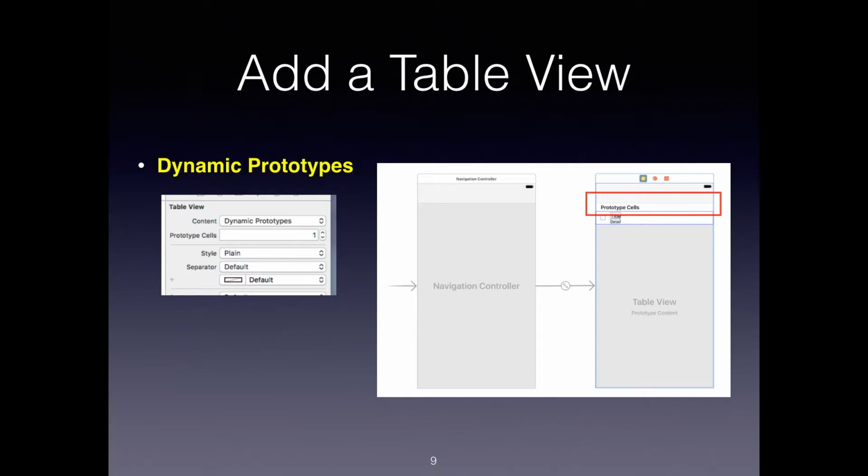Okay, so that's the first thing we need to make sure that it is. And we're also going to select the type of cell style, and we'll select subtitle cell.